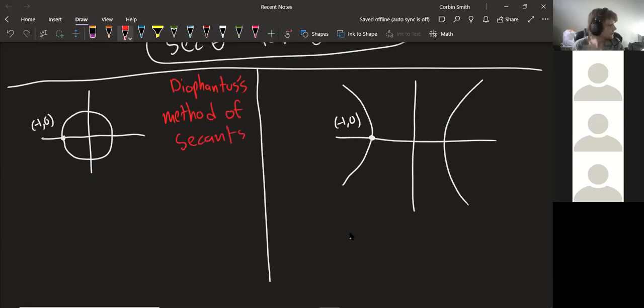Actually, I might check real quick what that's called. Everything I'm doing from this point forward can be found in this book, which was only written like 20 years ago. But Diophantus's method of secants is hundreds of years old. Let's see. Table of contents. I just want to make sure I'm attributing it to the right person.